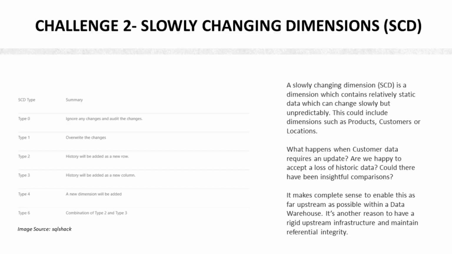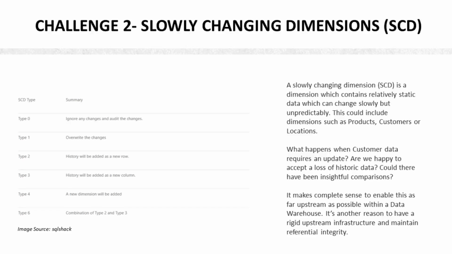So like we said, what happens when customer data requires updates, and when things change, how are we going to track that? There is an option to use SQL temporal tables and connect this through Power Query, but this is really something that makes sense to enable as far upstream as possible.